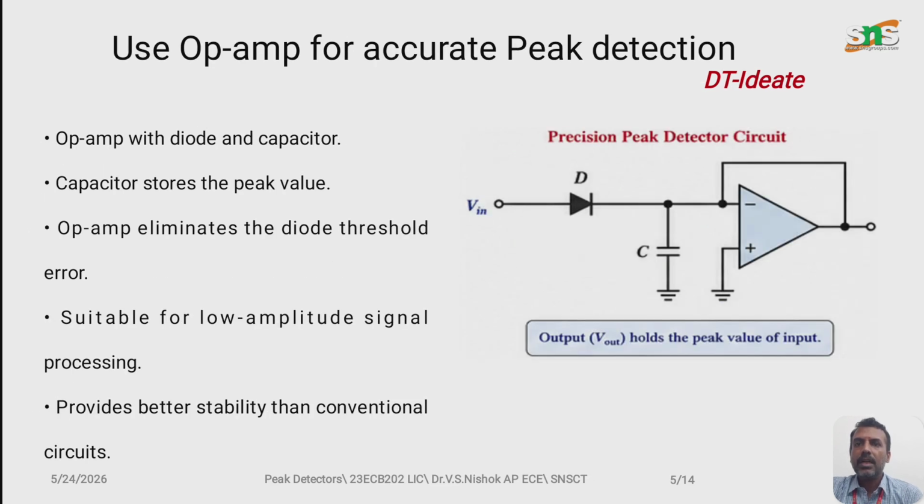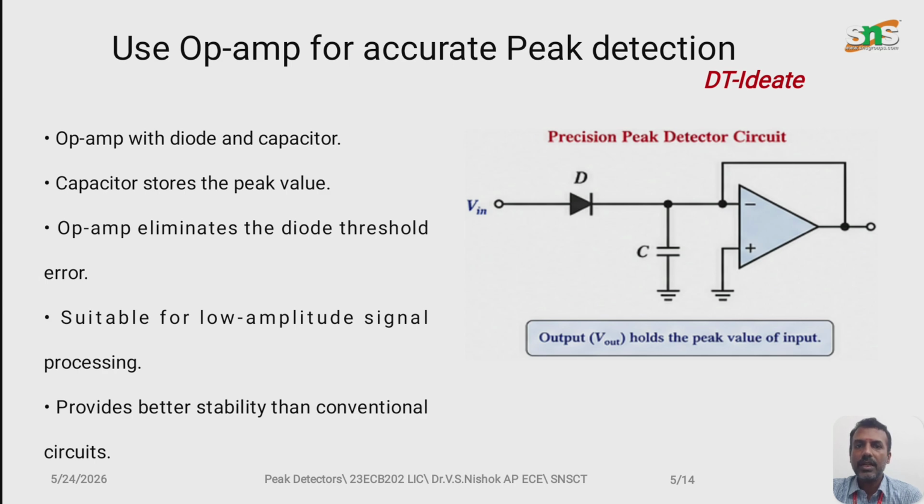So based on the previous problem identified, we are introducing the use of operational amplifier for accurate peak detection. In this circuit, the operational amplifier is connected along with the diode and the capacitor. The capacitor starts to charge, and while charging it stores the peak value, and the operational amplifier eliminates the diode threshold error.